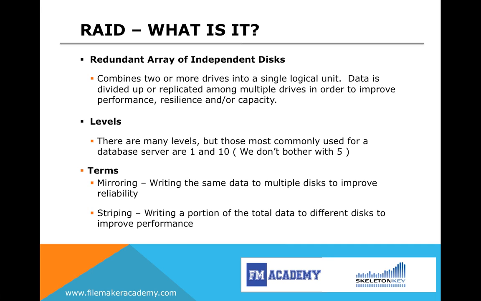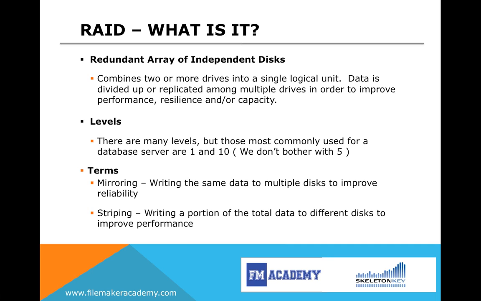Two terms that I want to make sure that you're aware of as we're looking at these are mirroring and striping. Mirroring means that we write the same data to multiple disks to improve reliability, so that data is being mirrored between the two or more drives.